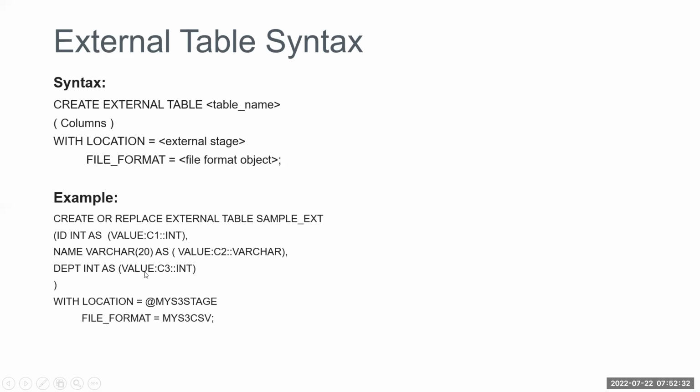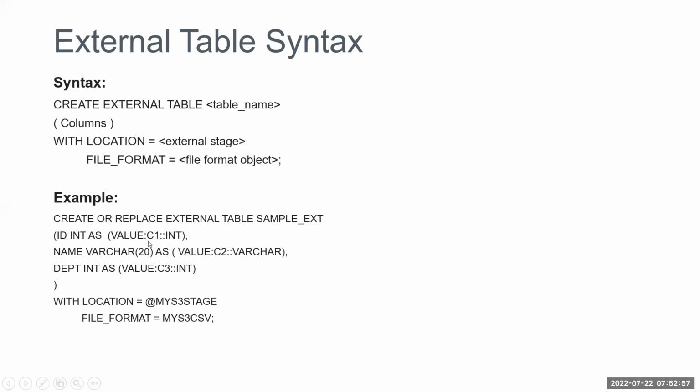We'll see later what this value is. This is the syntax, just remember it. We have to mention the field name and the data type for that field. Whatever field we are creating in the external table, this is the data type for that, and this is the data type for the fields present in the stage.